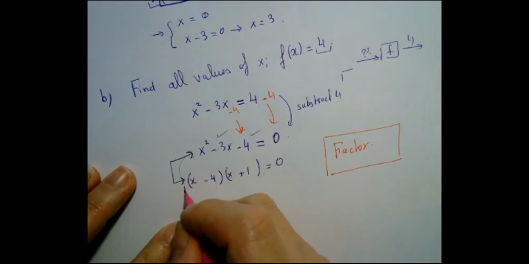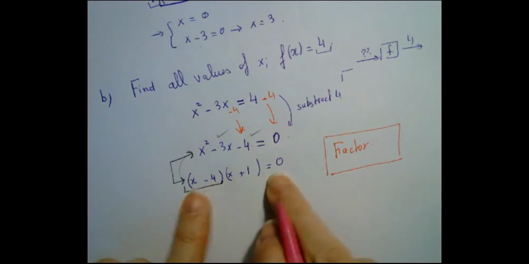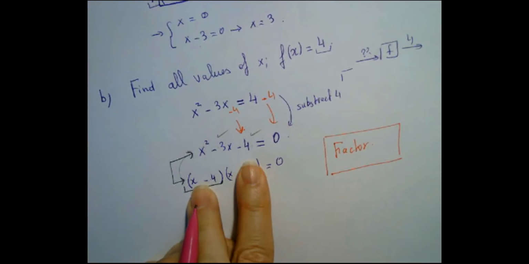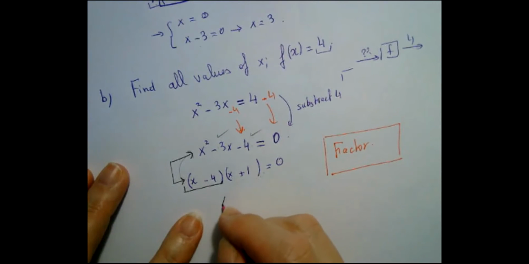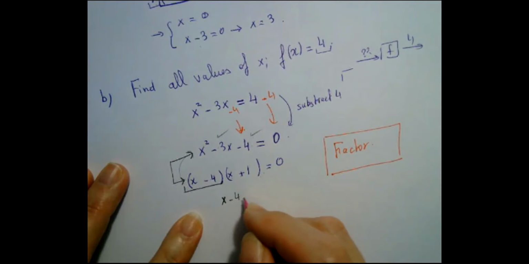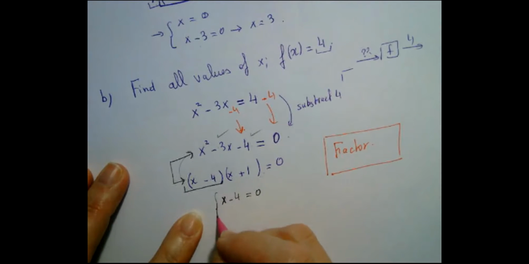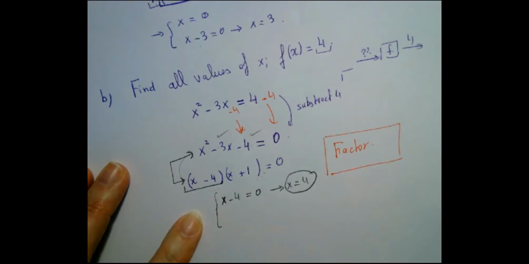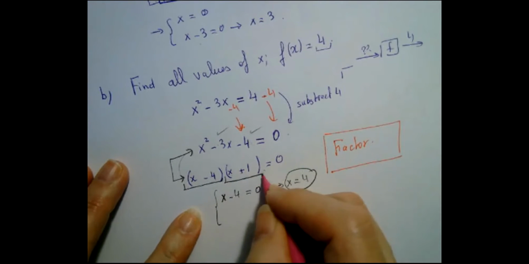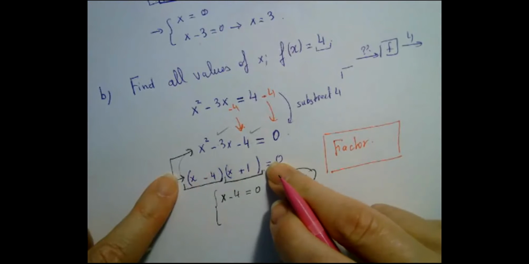Every x that makes this term 0 will make the whole thing 0 because that's a product. So every value that makes x minus 4 zero will make the product 0. So if x minus 4 is 0, it means x equals 4. That's one value.